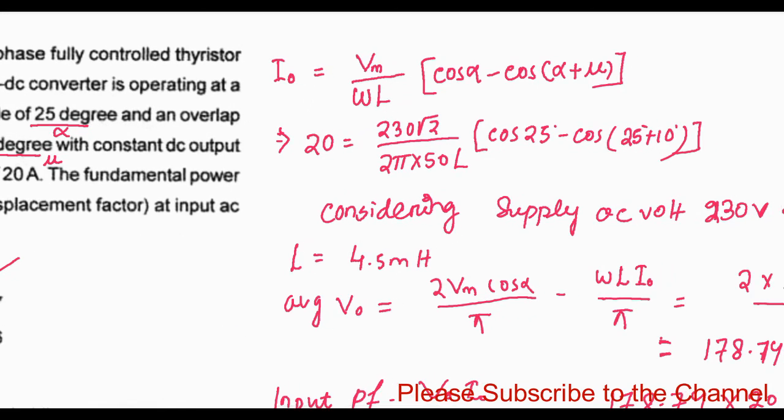I0, the output current, which is given to be 20 ampere, is equal to Vm/ωL into (cos alpha minus cos(alpha plus mu)). Mu is the overlap angle and alpha is the firing angle, and I have to calculate L. We are considering here the supply voltage to be 230.